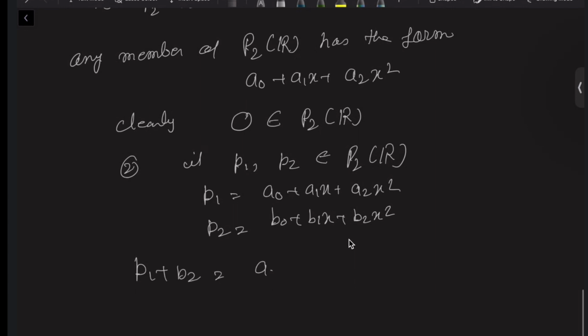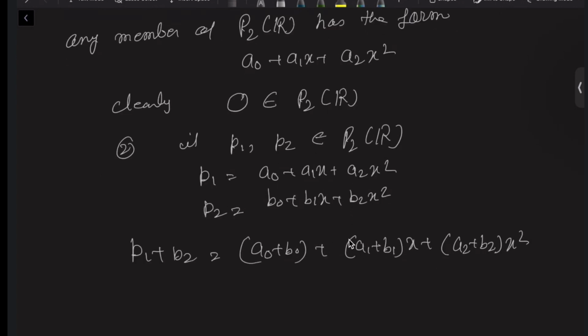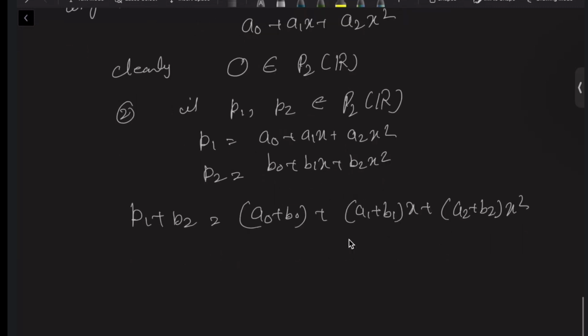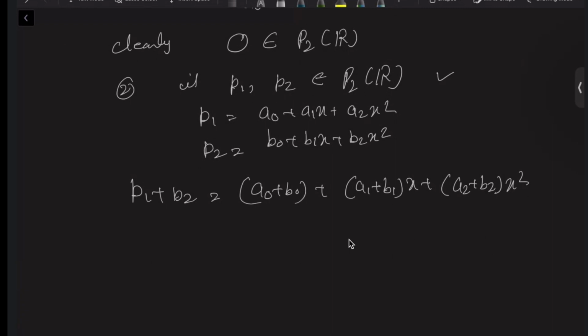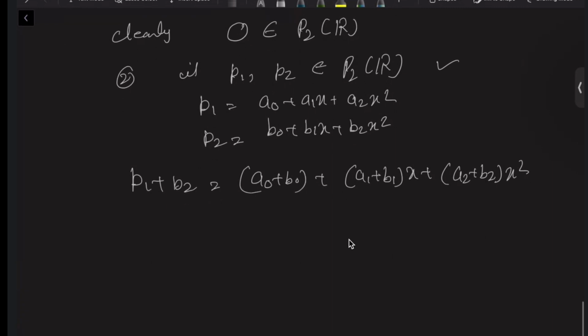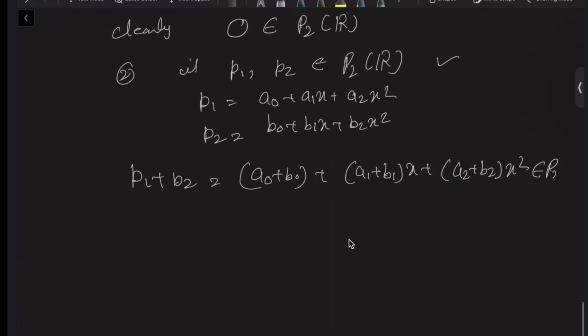Obviously it is nothing but (a0 plus b0), plus (a1 plus b1)x, plus (a2 plus b2) times x square. It means if I take any two polynomials of degree at most 2 and add them, I'll always get a polynomial of degree at most 2, which is fine. So the second condition is also satisfied. This belongs to my P2 of R.